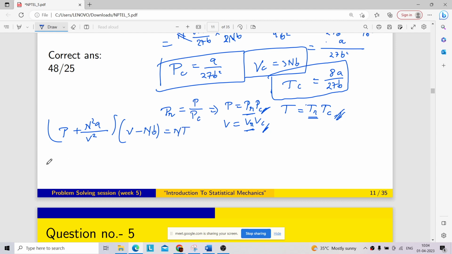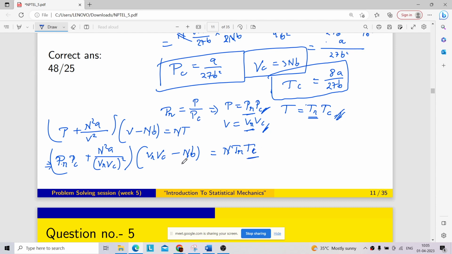So P is PR PC plus N square A over VR VC whole square, then V is VR VC minus NB equal to N into TR TC.